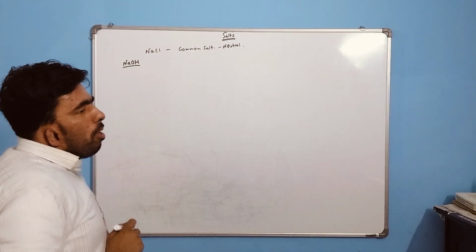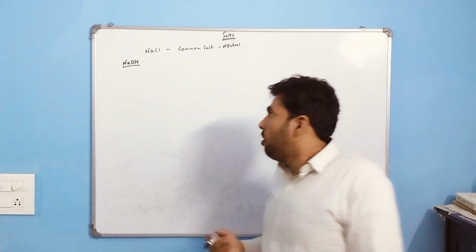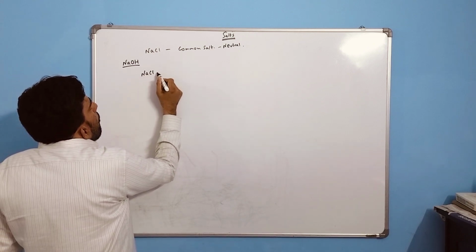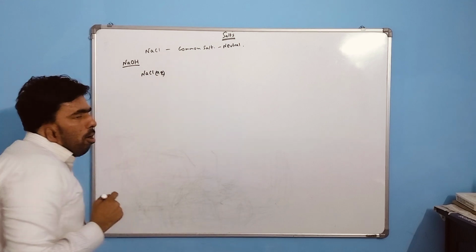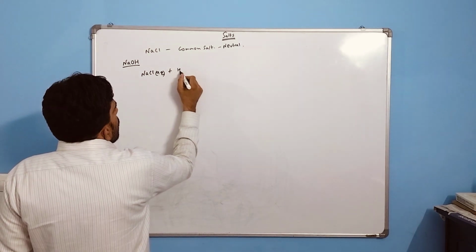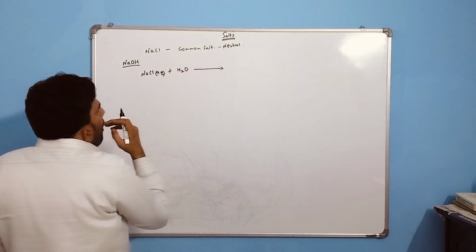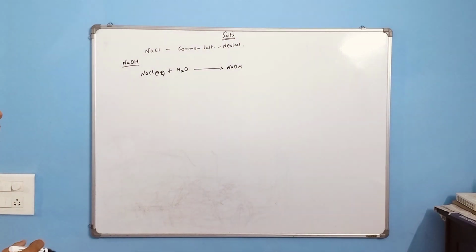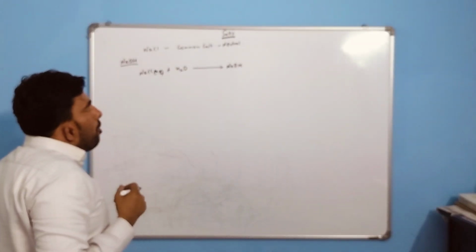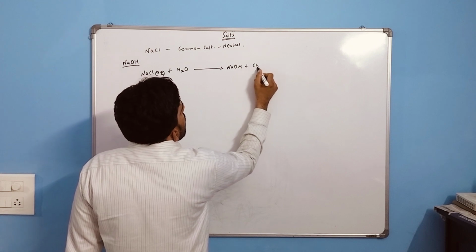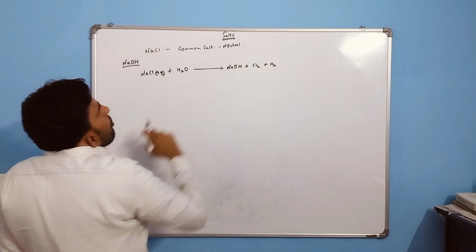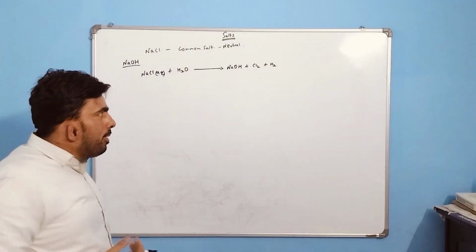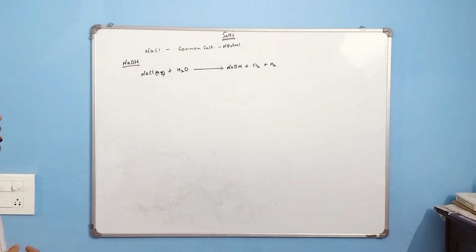NaOH, sodium hydroxide. How is it formed? When electricity is passed through an aqueous solution of sodium chloride, it decomposes to give NaOH. It's a plus. More important products we find are Cl2 plus hydrogen gas. These two important products. So when electricity is passed through an aqueous solution of sodium chloride, which is called brine, it decomposes to give NaOH.